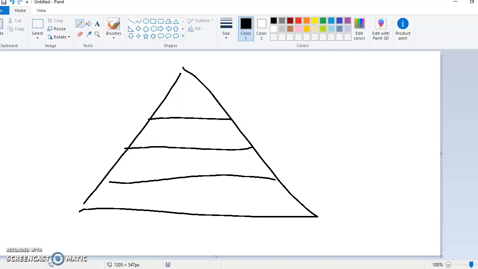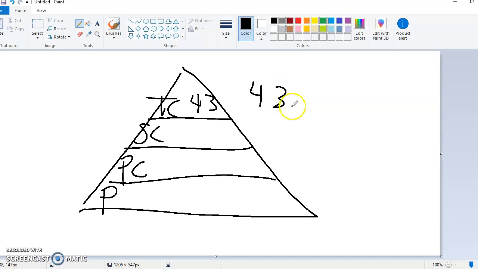Let's label one more time: we have our producers, primary consumers, secondary consumers, tertiary consumers. So they're telling you you have 43 joules at the tertiary consumer level. Again, that number can be written as 43.0, same number.